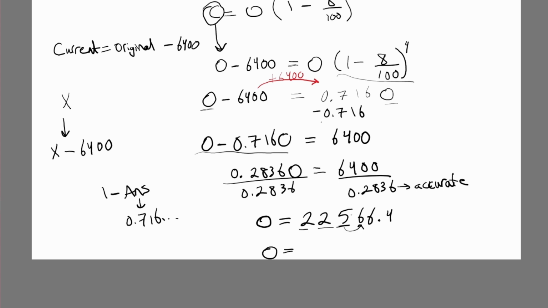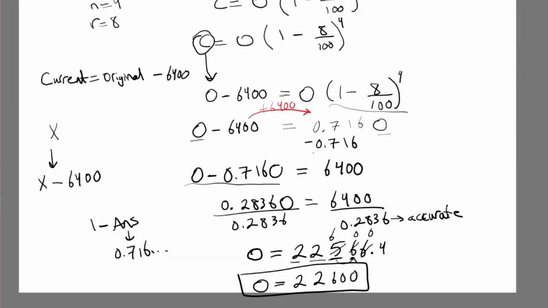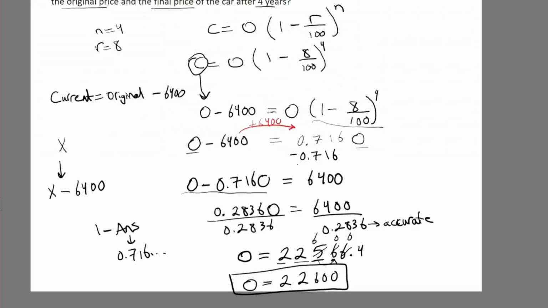We have a 6 on the right, so this will become 6, and those cancel out to 0, so we get 22,600. So $22,600. This was the original amount, the original price of the car.